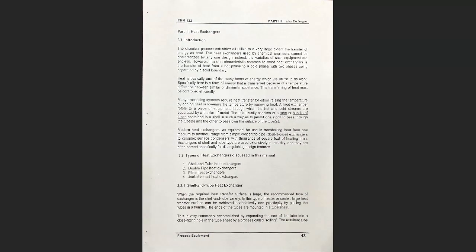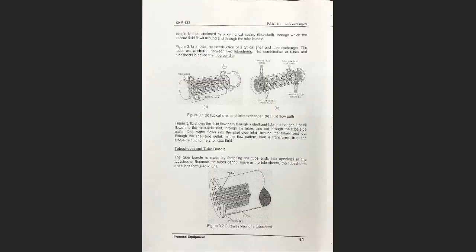So it says here that in this kind of exchangers, large heat transfer can be achieved by placing the tubes in a bundle. Inshallah, we'll see what the bundle is. Okay, and the ends of the tubes are mounted in the tube sheets. I'd like you to read this, guys, first, and then have a look at what is in here.